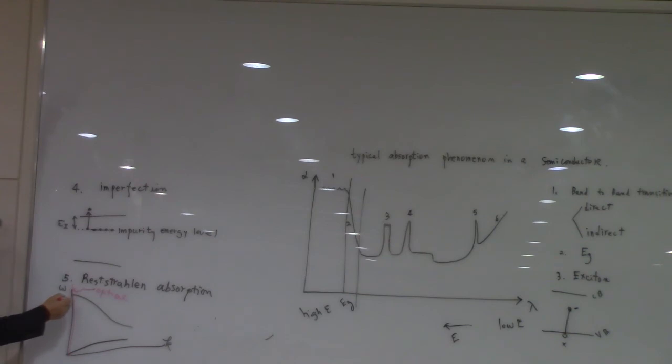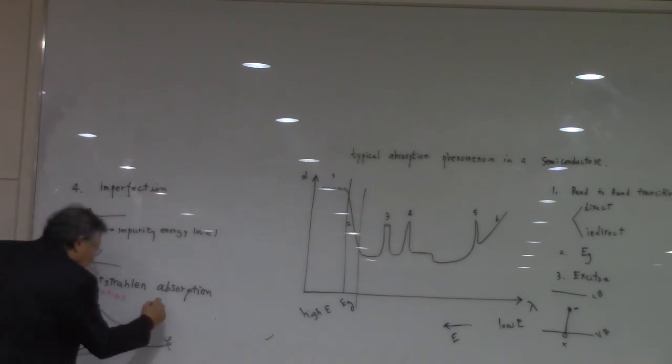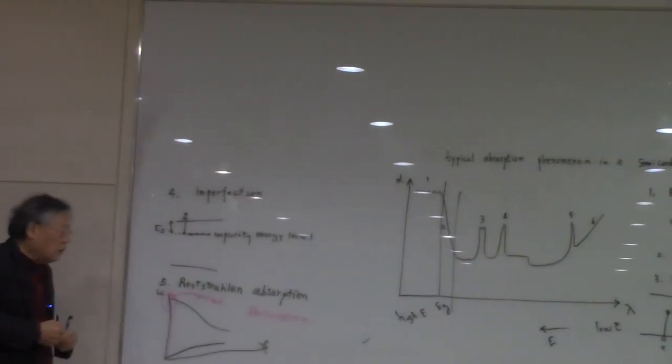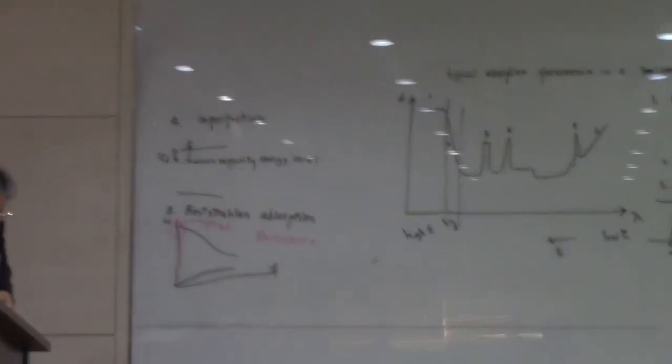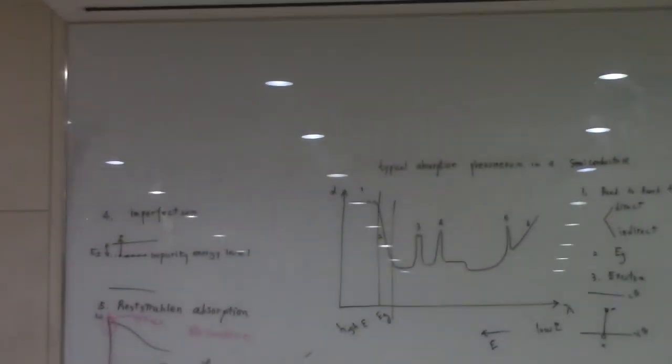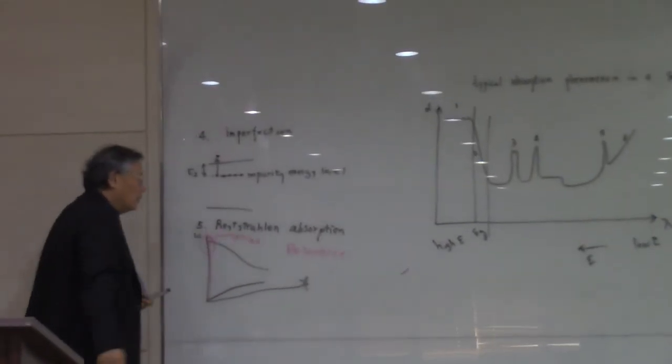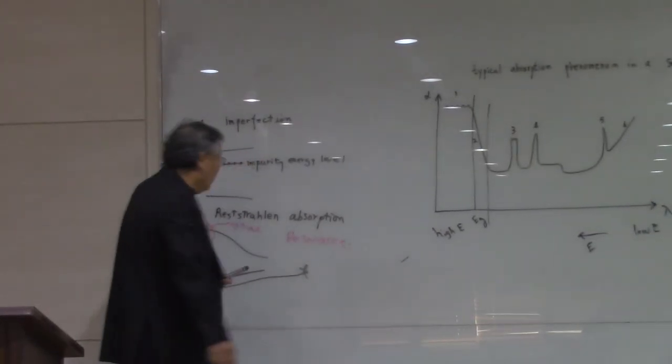And then here we are going to have a resonance, right? Resonance. That is the Reststrahlen absorption. And a big absorption happens in the solids on the way of the light energies, just like that.